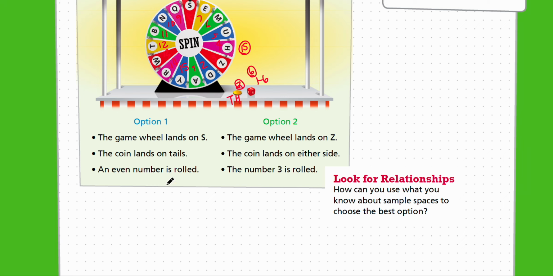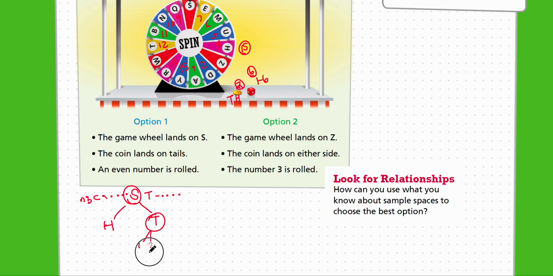But let's look at option 1. The game wheel lands on S, so we need specifically S, and then instead of head, we need a tail, right? We have A, B, C, D, and so on. We need a tail. And then we need an even number.